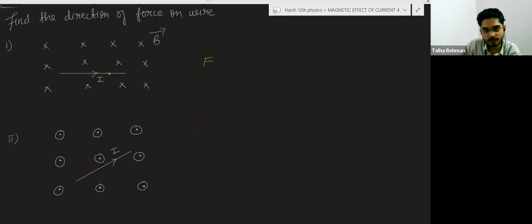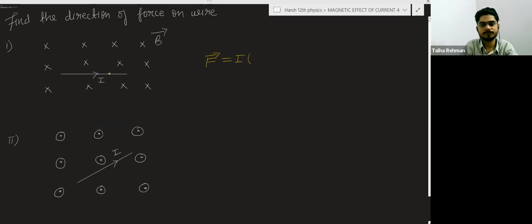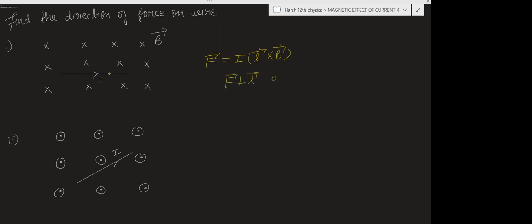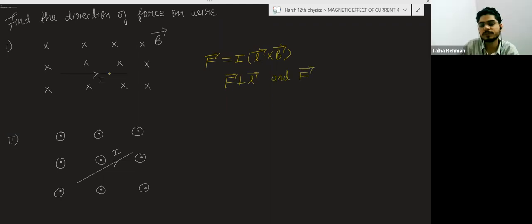I am writing the formula in the vector form. The force is given by L cross B. So you can say the force vector will be perpendicular to the length vector, and the force vector will also be perpendicular to the magnetic field vector.